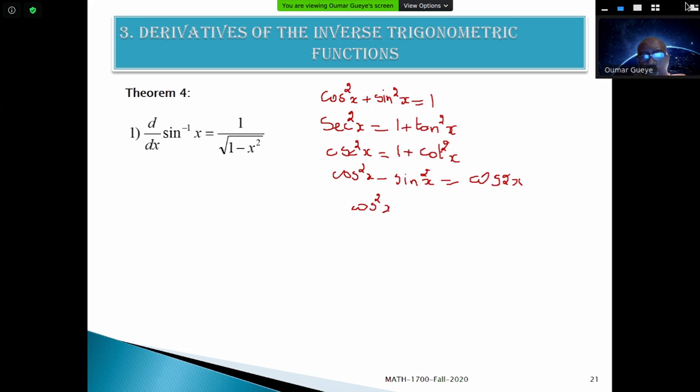So cosine square x can also be written as 1 plus cosine of 2x, over 2. We don't have a square here. One more question.